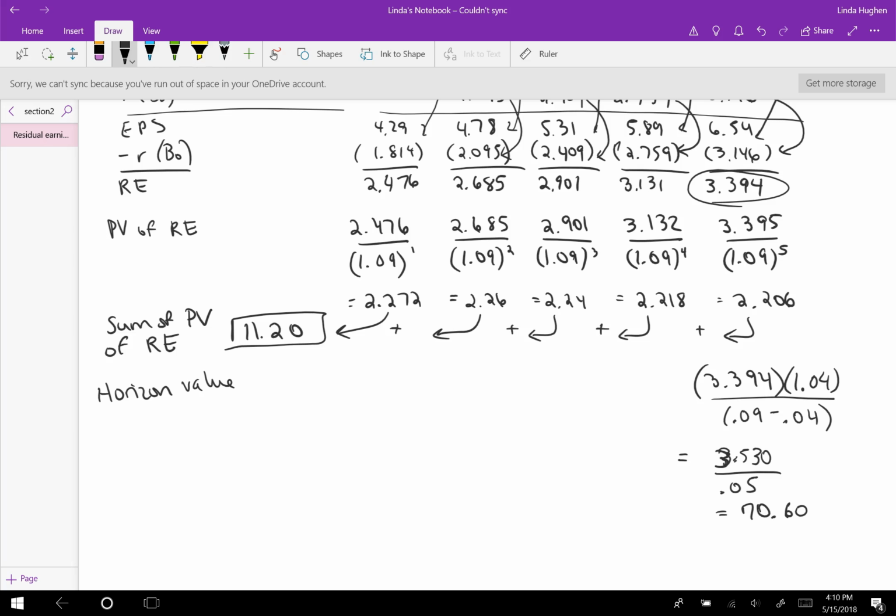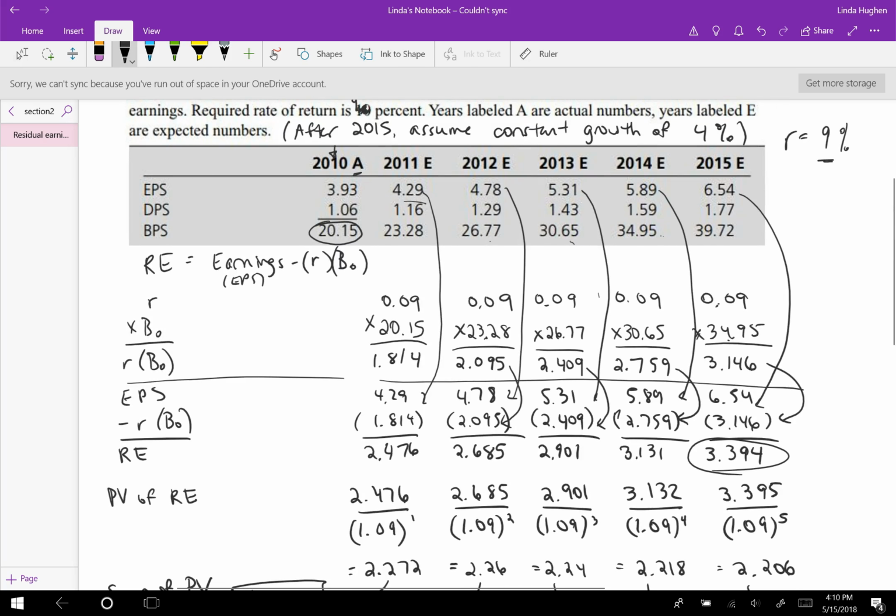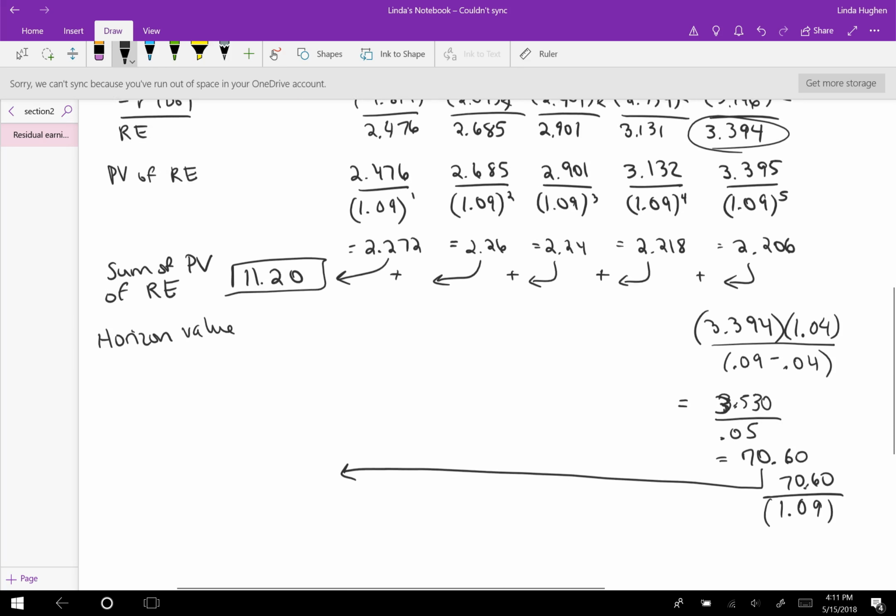We can't simply add that to our values here in 2010. We need to discount this. So I take this 70.60 and I discount it by 1 plus the required return, 0.09 to the n. And how many years do we have to go back? Well, remember, we're still valuing it as of 2015, so we need to go back 5 years.